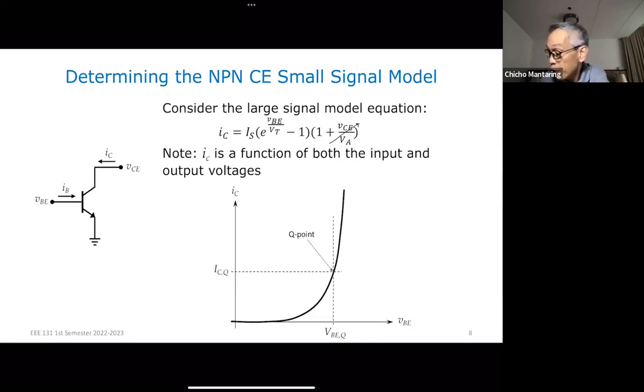However, it's important that you know your bias point, because a lot of things are going to depend on the bias point. So our bias point occurs at VBE equal to VBEQ. That's our quiescent base to emitter voltage. And we will have a quiescent collector current, that's ICQ.